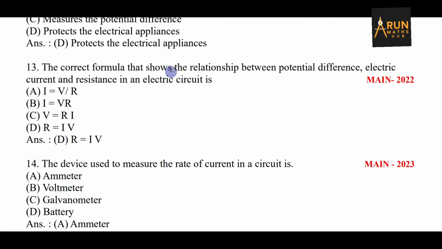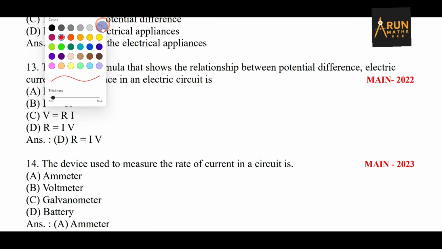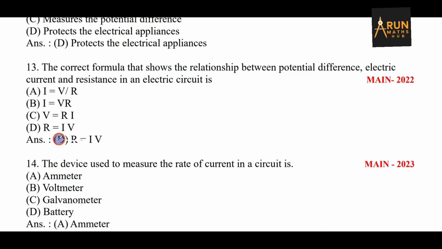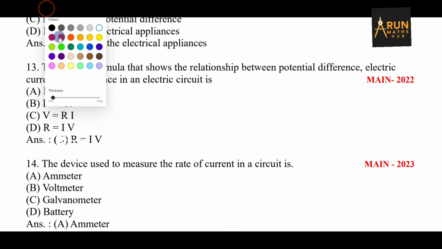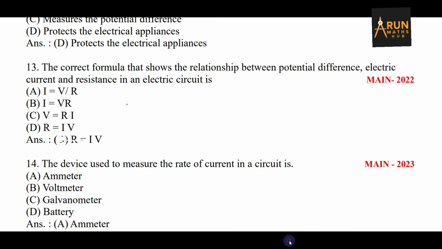The correct formula that shows the relationship between potential difference, electric current and resistance in an electric circuit is V equals IR. Therefore the correct answer is option C. By Ohm's law, we know that V equals IR.